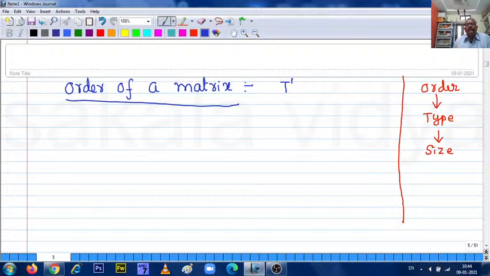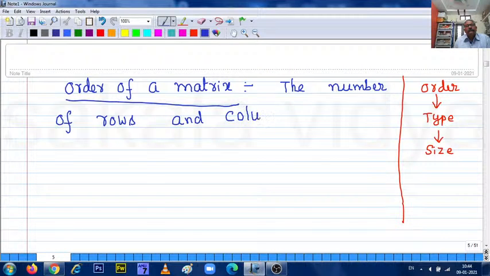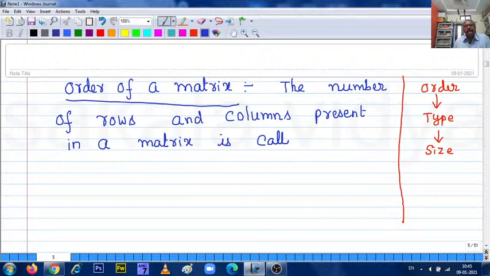The number of rows and columns present in a matrix is called the order of a matrix.